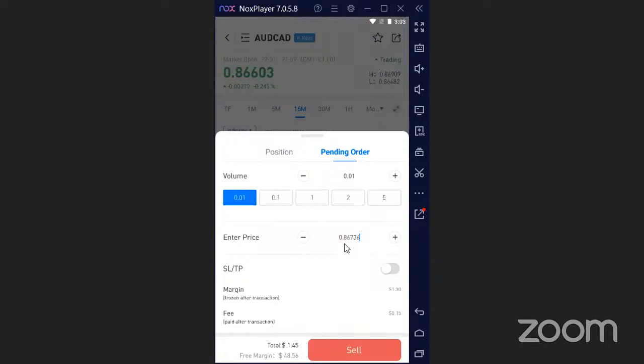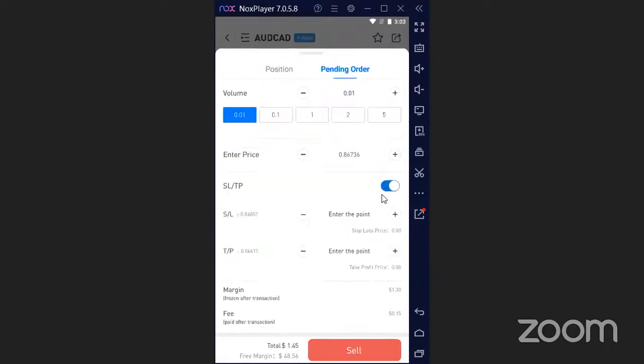Let me repeat that one more time: 0.86736. That is the price where we want the market to get to and start selling.